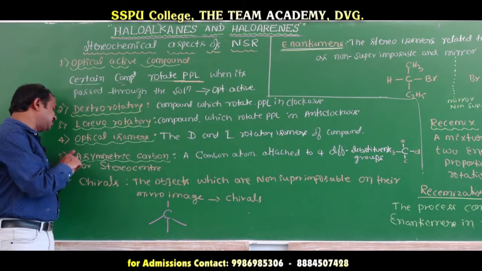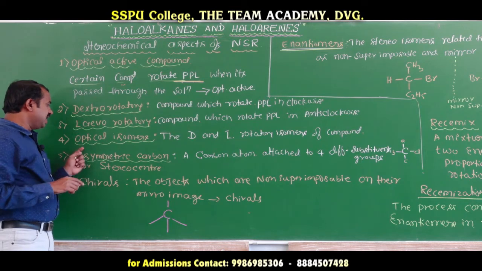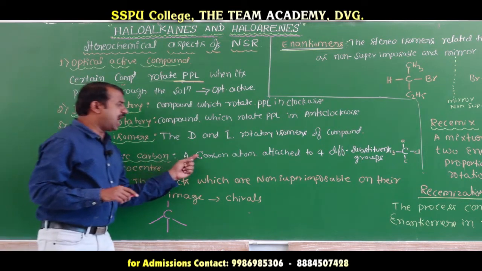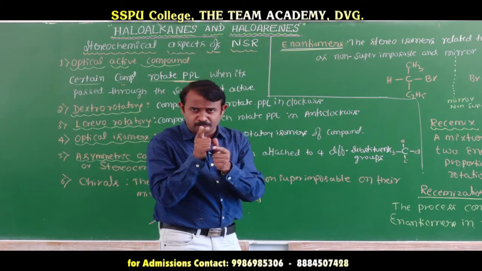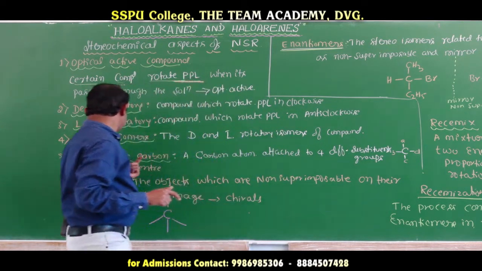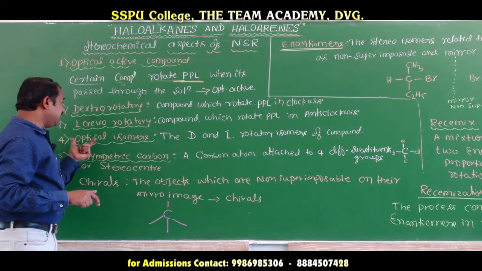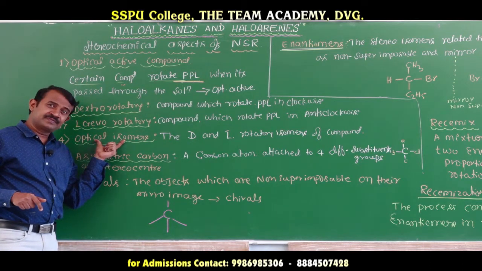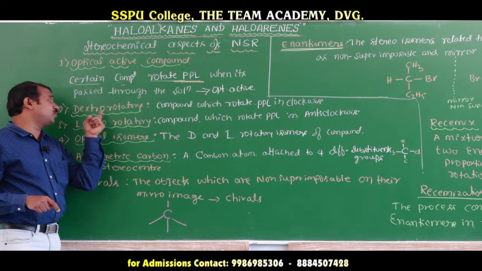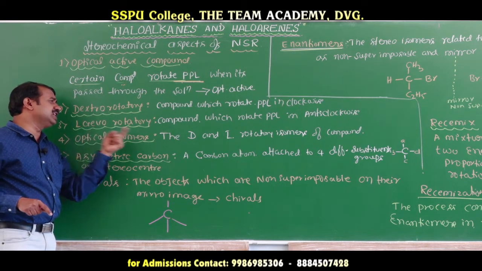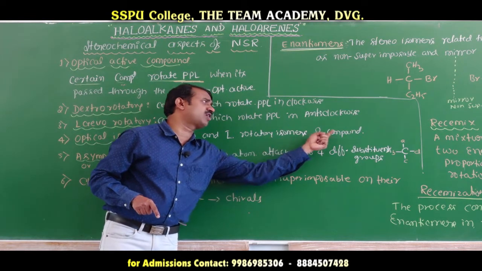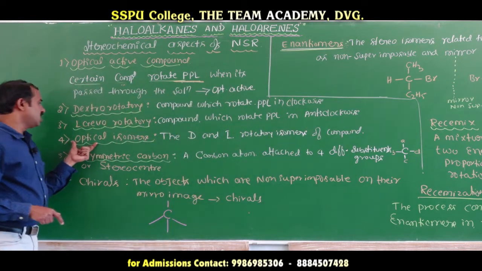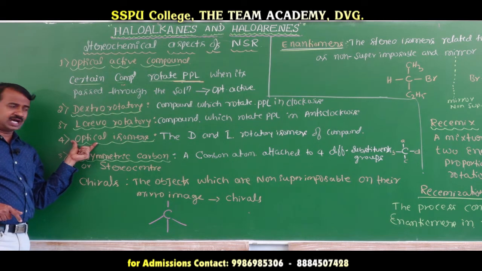It's called an asymmetric carbon. What is optical isomerism? The dextro and laevo rotatory isomers of a compound are called optical isomers, and this phenomenon is optical isomerism.